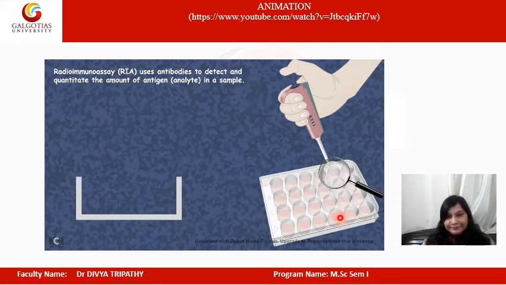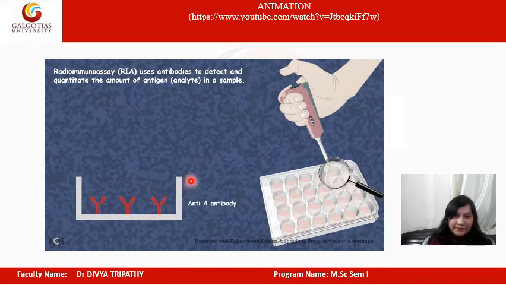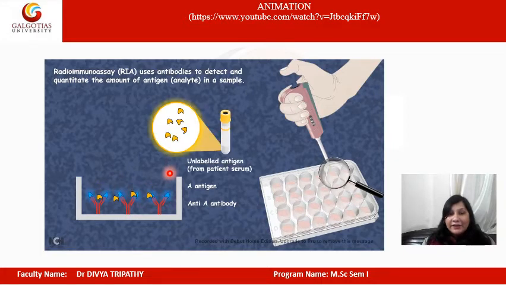First you coat the well with antibody against A, or anti-A, and now you put radio-labeled antigen A, and lastly you put patient serum or body fluid which is expected to have antigen A. That's the thing that you want to detect.